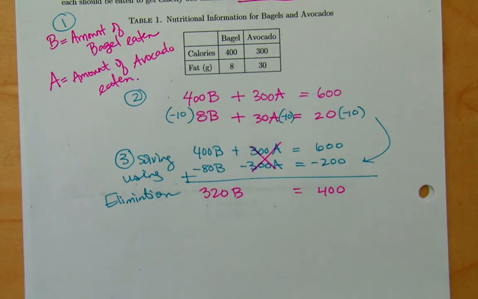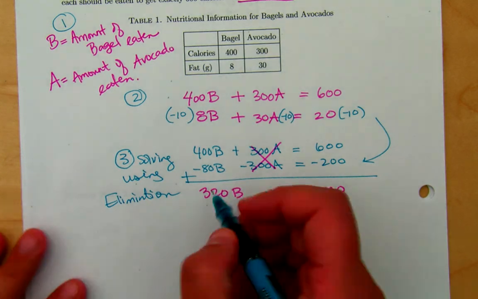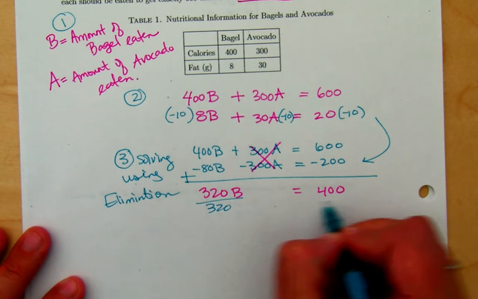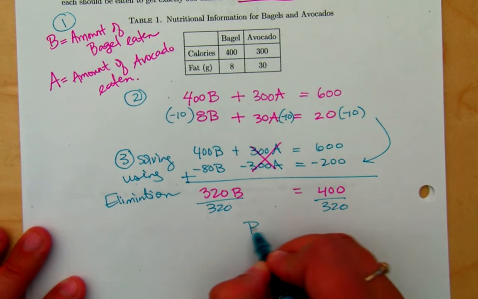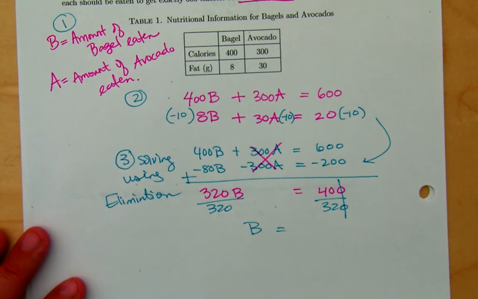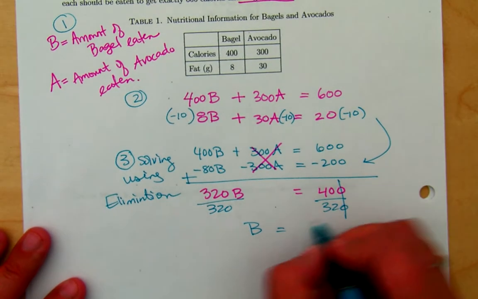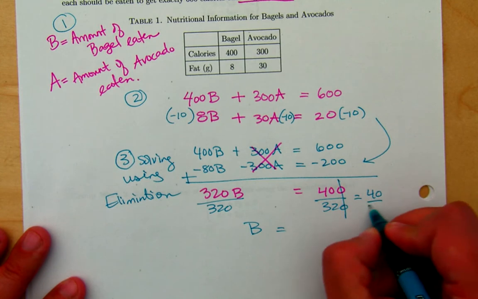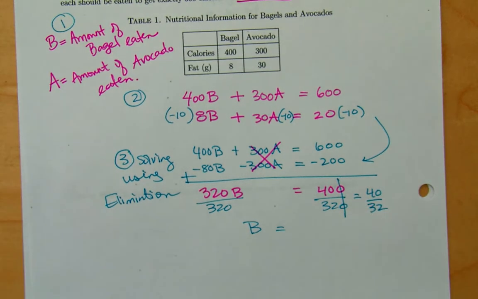Get B by itself. How do I do that? 320 divided by 320. B equals, you know about slashing zeros, right? So that's 40 over 32. Can it reduce any more? What does it reduce down to? 5/4.